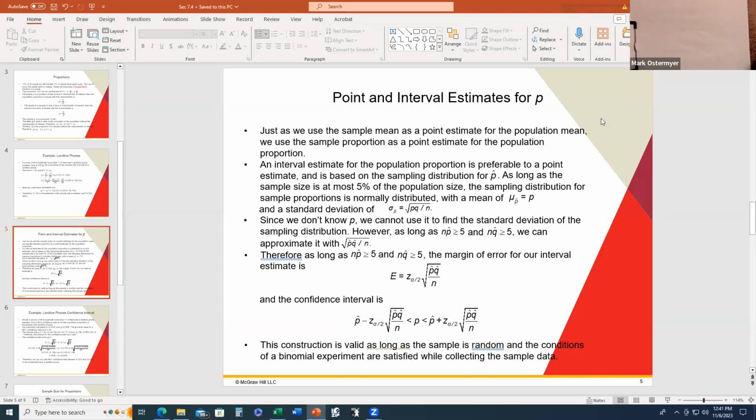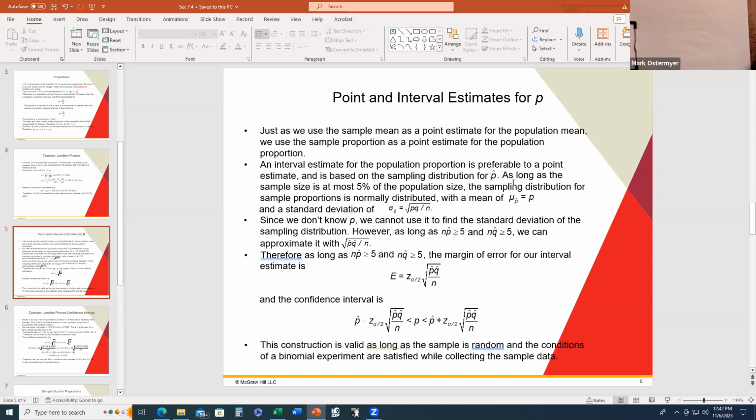For that reason, we like to construct a confidence interval, because we do have some measure of accuracy because we set the level of confidence. So therefore, an interval estimate or a confidence interval for the population proportion is preferable to a point estimate and is based on the sampling distribution of all sample proportions.